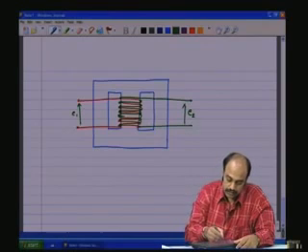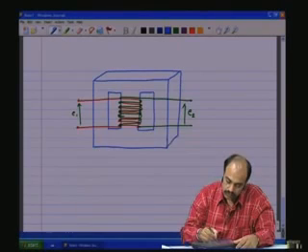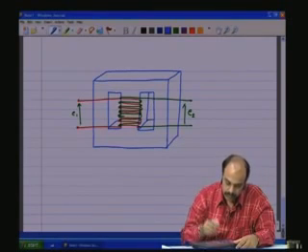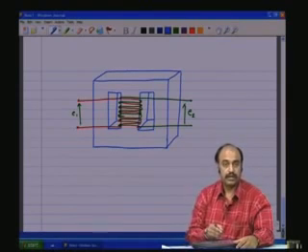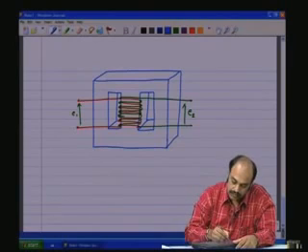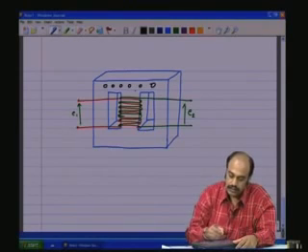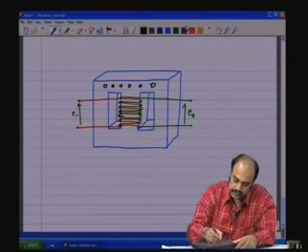Now, if I make it into an isometric 3D, this will look more like the transformer that we have here, and we have the terminals which are brought out here, and actually these points are soldered onto this.